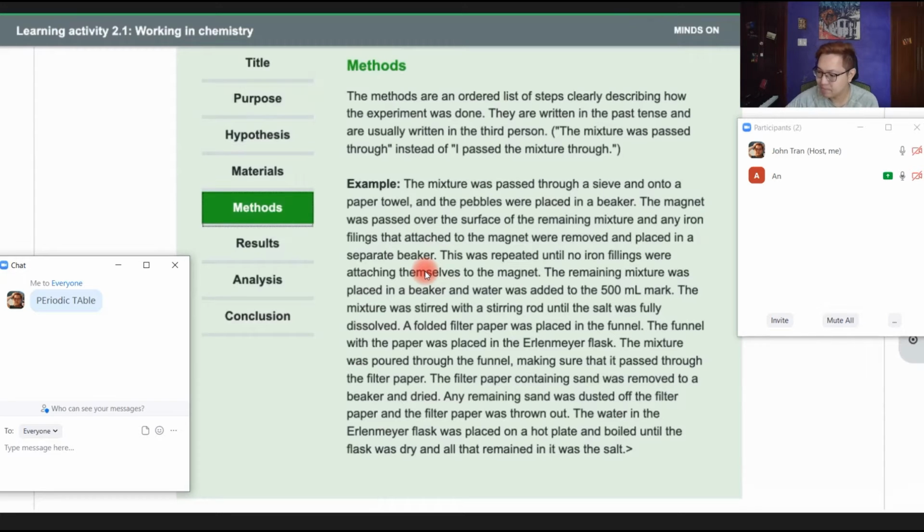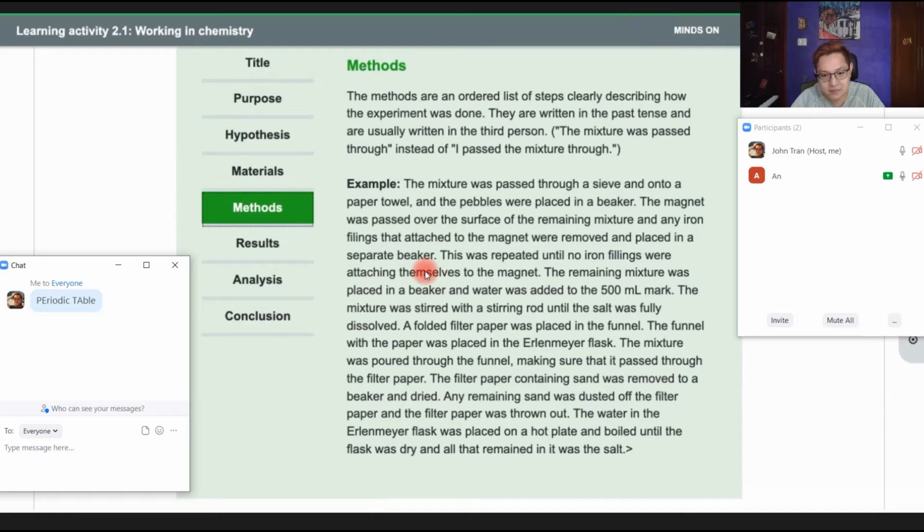This was repeated until no iron filings were attaching themselves to the magnet. The remaining mixture was placed in a beaker and water was added to the 500 milliliter mark. The mixture was stirred with a stirring rod until the salt was fully dissolved.